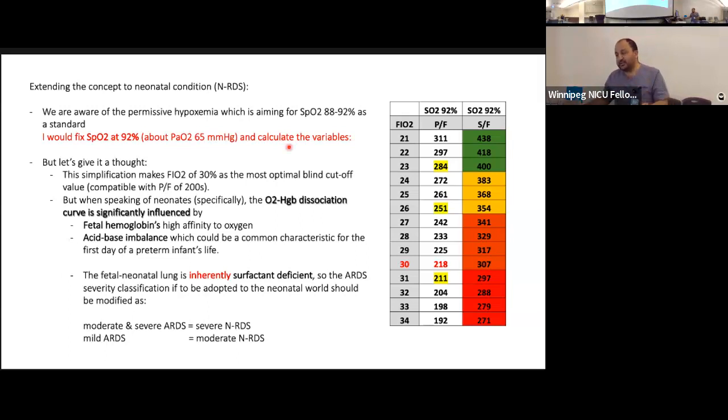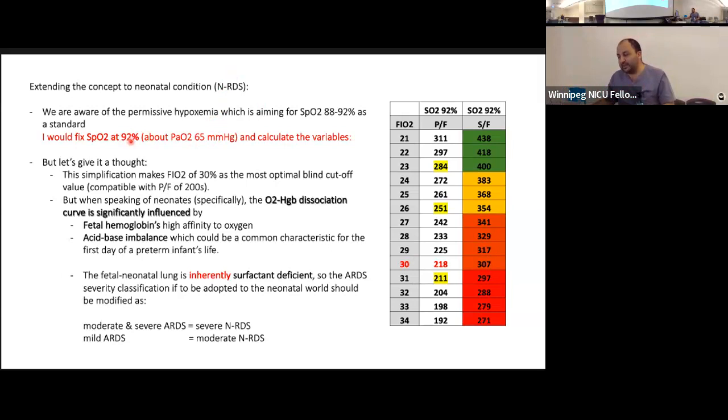So I suggested a period of 5 minutes of stable saturation, and I would suggest it to be in the range of 29%, and I will have a go with this fixed stable FiO2, and I will consider this number. There might be some other ideas to get a valid SF ratio, because as we said, they are dynamic parameters, changing every single second.